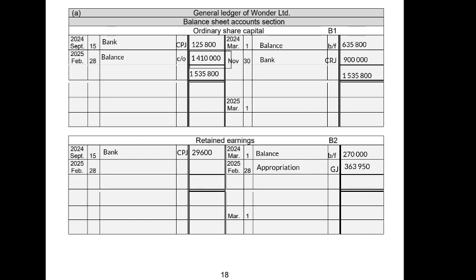That gives us a subtotal of 633,950. And remember, your debit and your credit side must be the same. So on the debit side, 633,950. So our balancing figure will be 604,350.